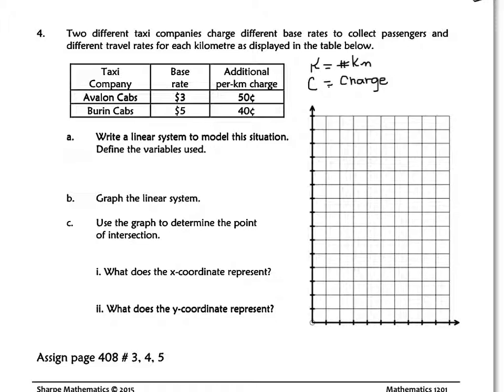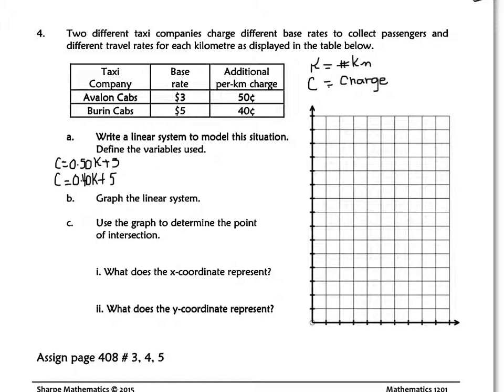Okay, so the linear system to model the situation that we are asked to write, we would use, for the first company, Avalon Cabs, the charge is 50 cents, so write that in dollar format, decimal 50, K, kilometre plus $3, and the other company would have a charge of decimal 40K plus $5. And again, because these equations are written in slope-intercept form, but instead of having y and x, we got c and k.